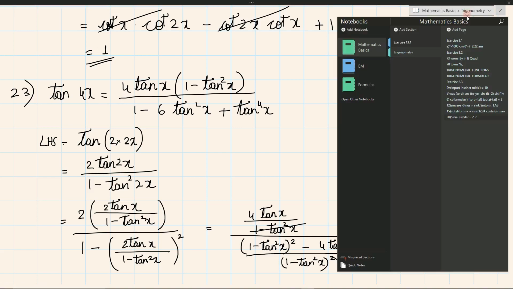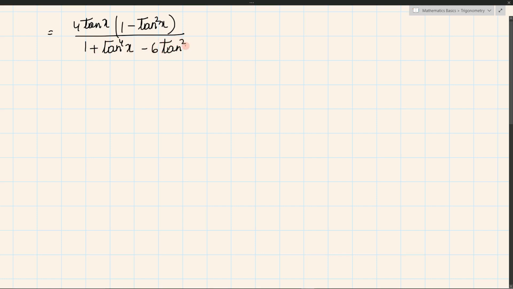So this is given as 4 tan x multiplied by 1 minus tan square x whole divided by 1 plus tan to the power 4x minus 6 tan square x. That's right.